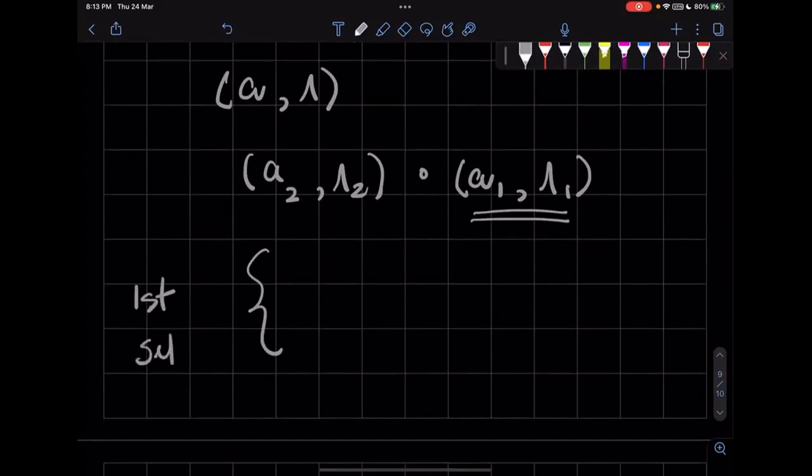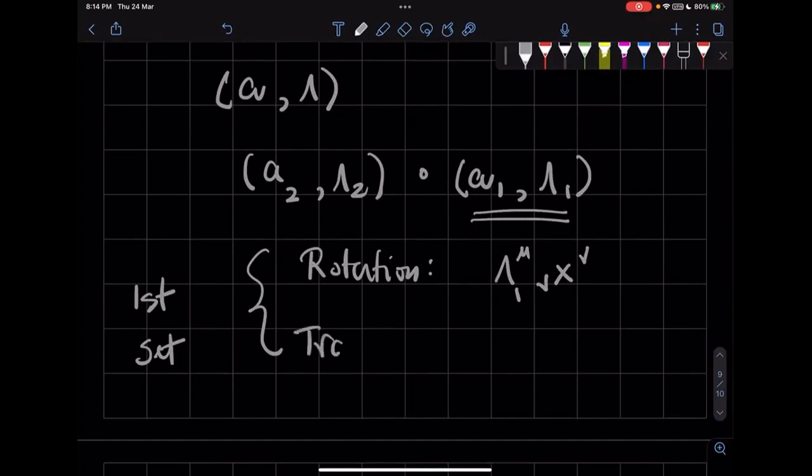So the way we interpret the action of this is that this is the first set of transformation. First, we take all the Minkowski space events and we apply the lambda matrix, right? And then we do a translation on the result. So this is the resultant, which is lambda 1 mu nu.